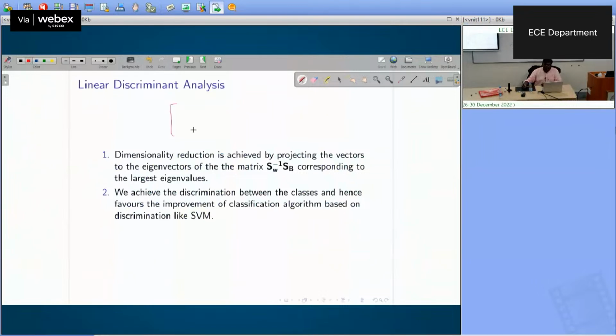For example, if I selected 13 eigenvectors, individually they are going to have the size of 2500 cross 1. So the total matrix size is going to be 2500 cross 13. So you have a projection, A transpose X. X is of size 2500 cross 1, and A transpose is 13 cross 2500, and you get this as 13 cross 1.